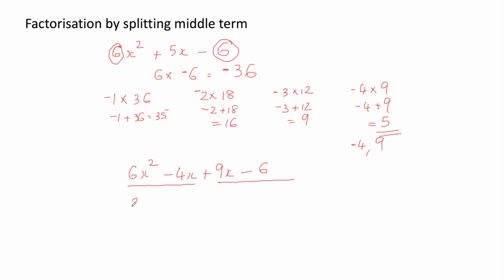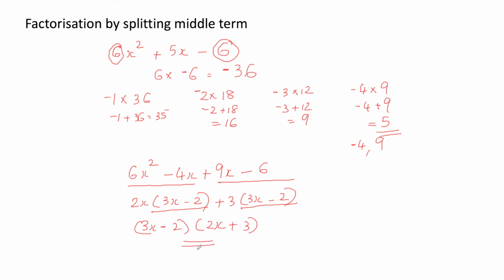Here 2x is common: 3x minus 2. Here 3 is common: 3 into 3x minus 2. So 3x minus 2 is common here, and the remaining is 2x plus 3. So these are the factors.